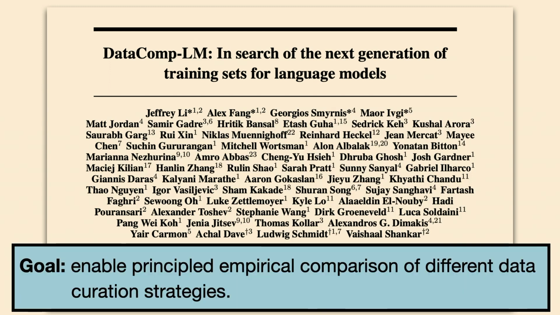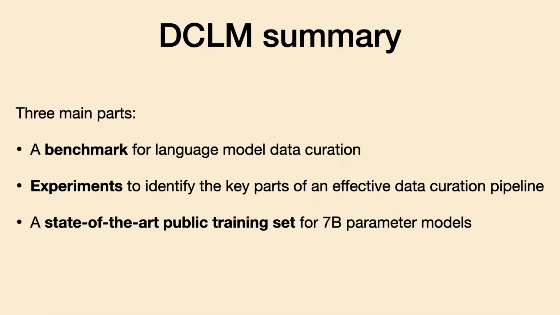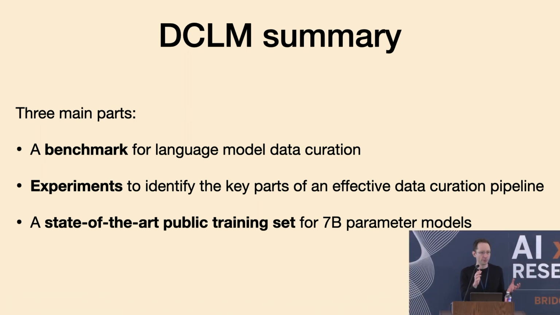Okay, and as we said, the goal was to enable principled empirical comparisons of different data curation strategies. You can think of this project as having 3 different parts. The first part is, as I mentioned already, the benchmark. So we can do a rigorous comparison of language model training data. And you can think of this benchmark as our experimental platform.